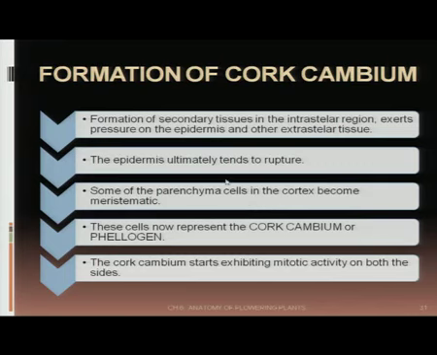By dedifferentiation. These cells now represent the cork cambium or the phellogen. The cork cambium starts exhibiting mitotic activity on both sides. So, now it will start cutting new cells on both sides, towards inside and towards outside also.